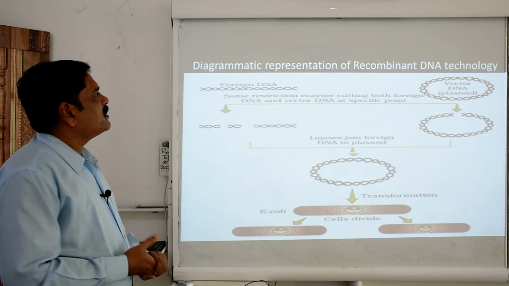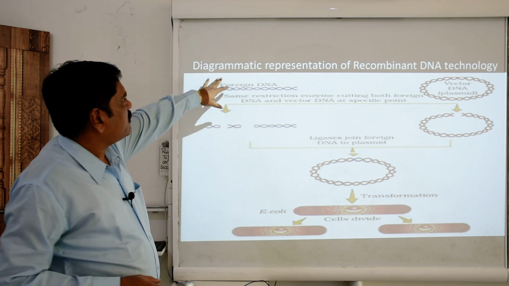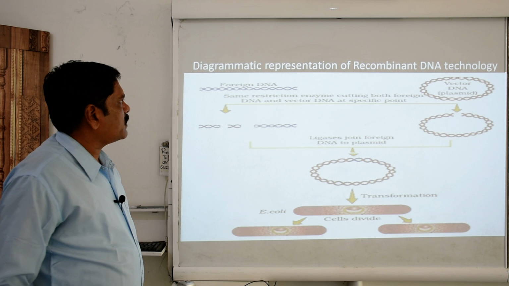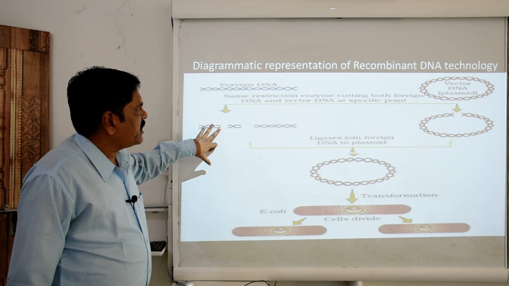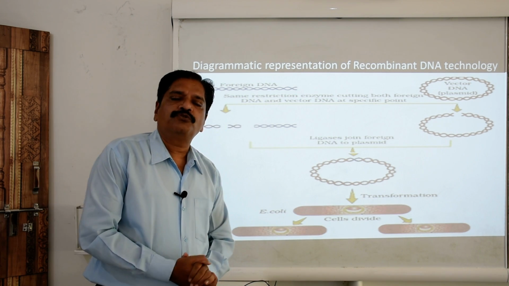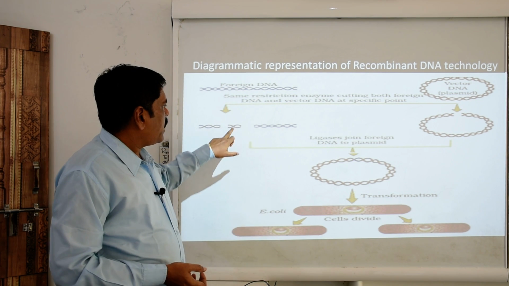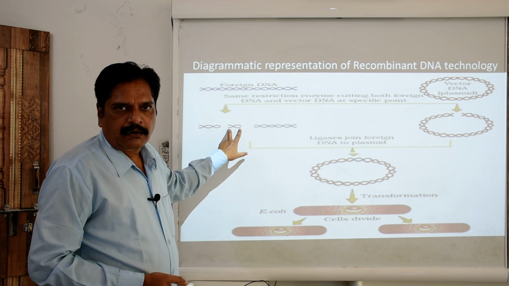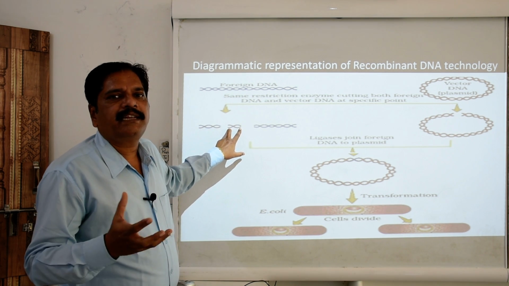Moving forward, here we can see the complete recombinant DNA technology, how it actually works. Clear? So see that this is the foreign DNA, which we obtain by the use of the restriction endonuclease enzyme, and this way we obtain this specific desired part, which is the foreign DNA, or you can also call it the alien DNA.